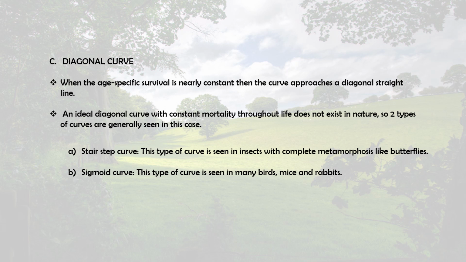Actually, the steep segments or the staircases represent the egg, pupation, and the short-lived adult stages, and the flatter segments represent the larval and pupal stages that suffer less mortality. When we see the curve, you can understand that. And the sigmoid curve is the characteristic of many birds, mice, and rabbits. Here the mortality rate is high in the young stage, but lower and more nearly constant in the adult stage.